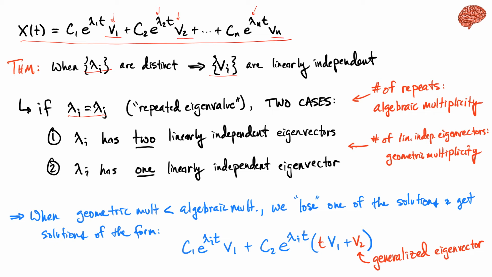When you have a repeated eigenvalue, you can either continue to have n linearly independent eigenvectors, or you can effectively lose one. The count of repeats of eigenvalues is called the algebraic multiplicity, and the number of linearly independent eigenvectors is called the geometric multiplicity.